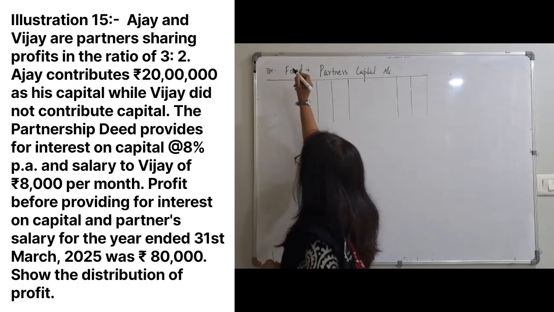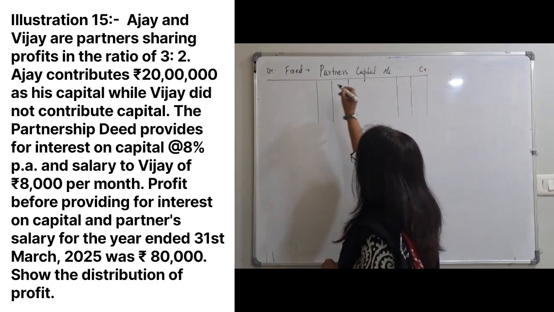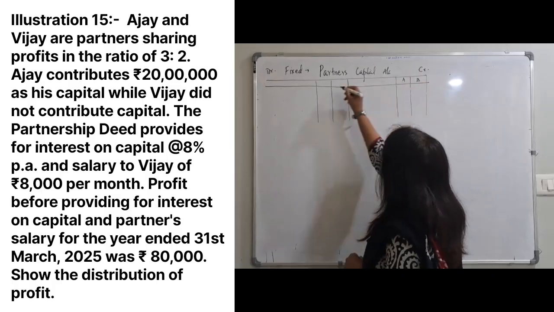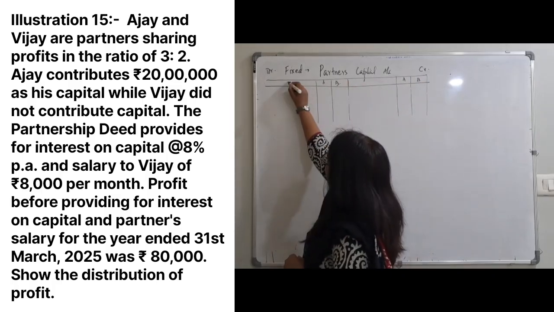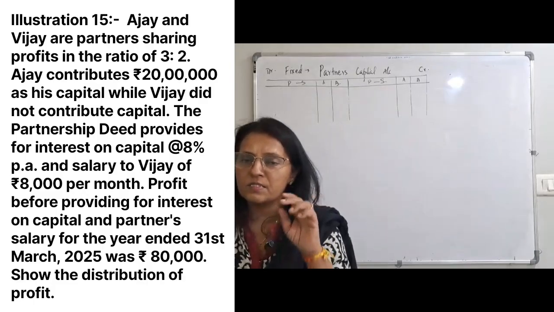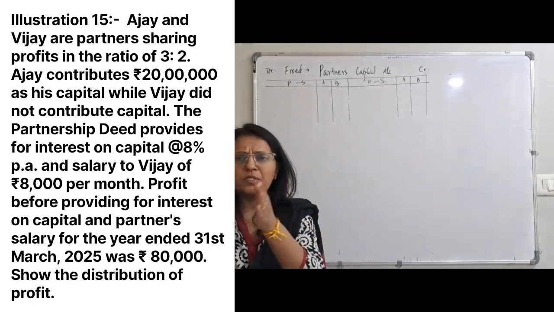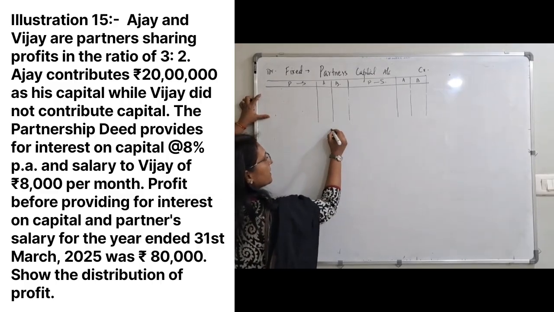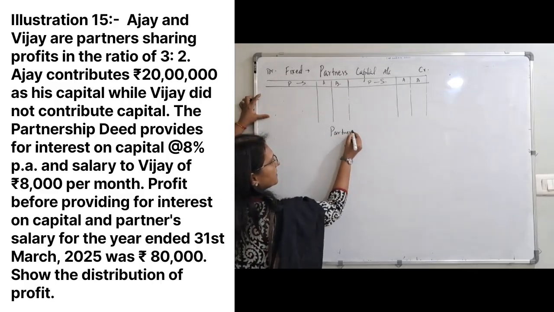It is a ledger account, so there will be debit and credit. A and B, particulars. If there are 2 partners, 2 columns on each side. If there are 3 partners, 3 columns on each side. Second one will be partners' current account.